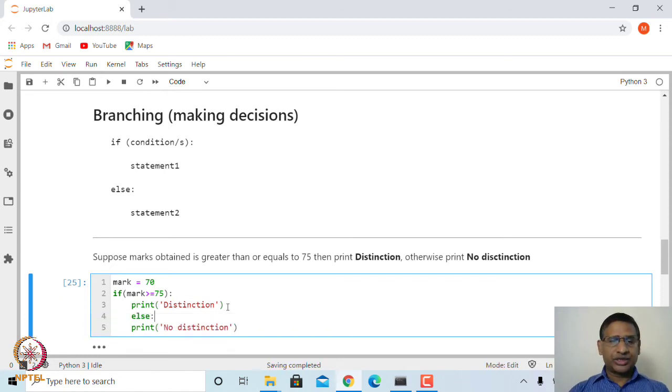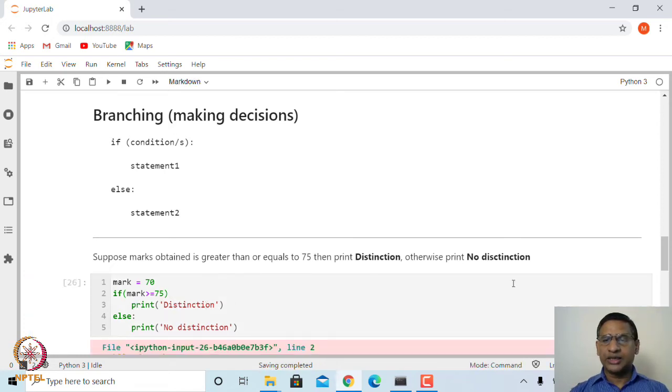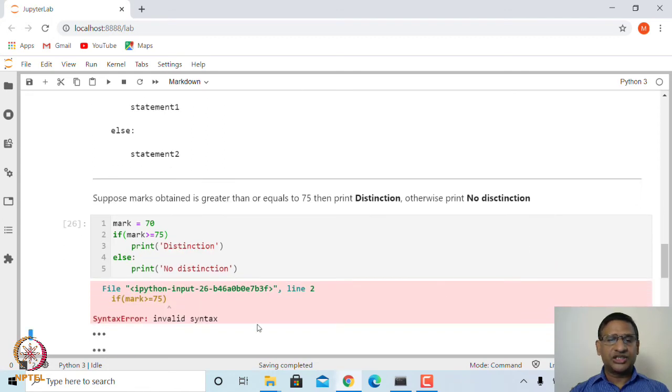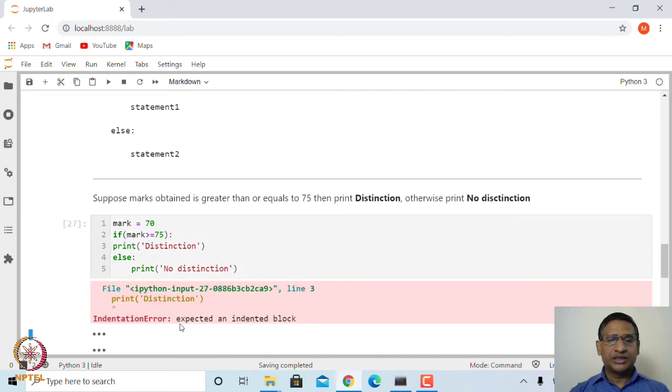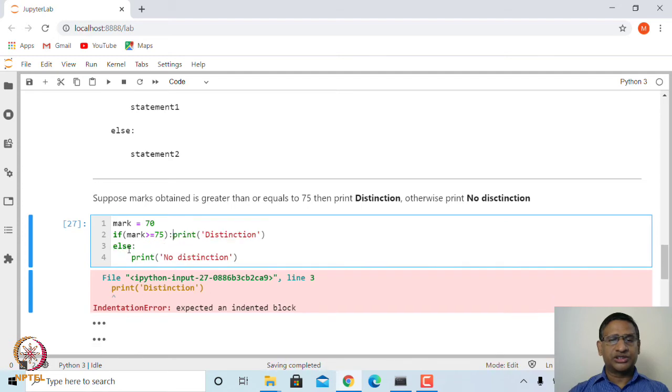And this has to be aligned, the alignment has to be proper, the indentation is very important. Of course, if you do not put a colon here, then it will give you an error which says that the syntax is invalid. And if you do not align this print, suppose I put everything in a single line, again it will give you an error. It says expected indented block. So, that is also important. Keep all these things in mind.